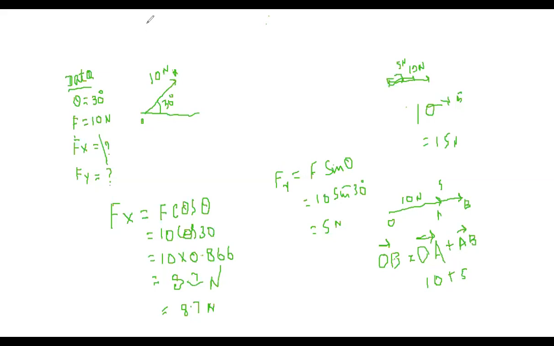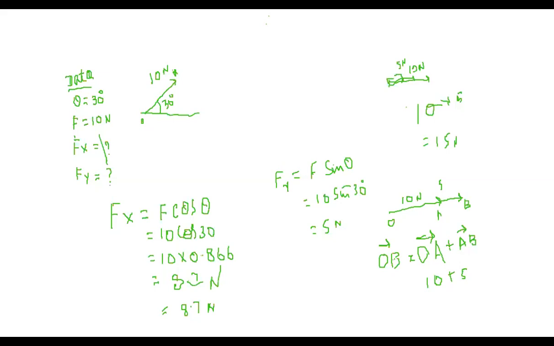If the vectors are opposite to each other, we represent that only by a negative sign. If positive means forward, then negative means reverse.